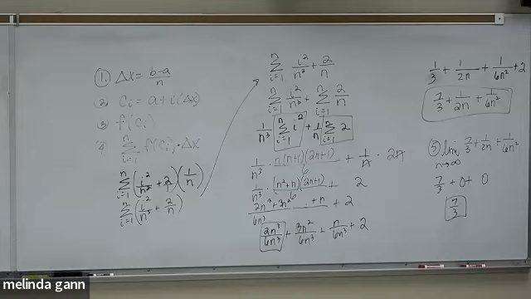If you've got a definite integral from a to b of f of x dx, this could be positive or negative or 0. Normally, this number is smaller than that number. It doesn't have to be, but that's standard procedure.